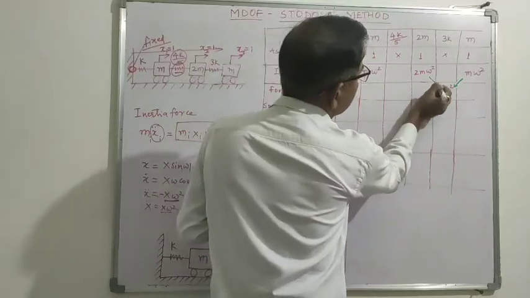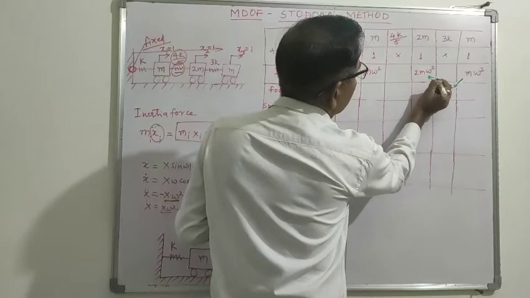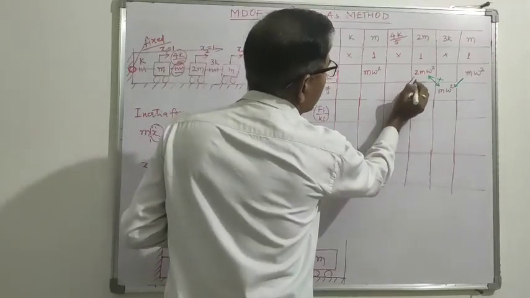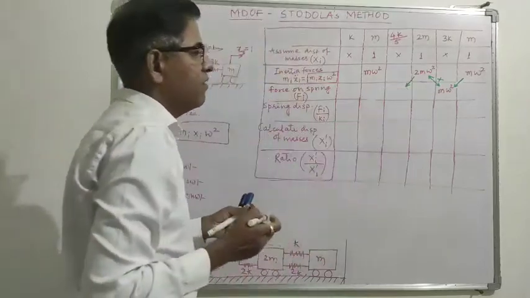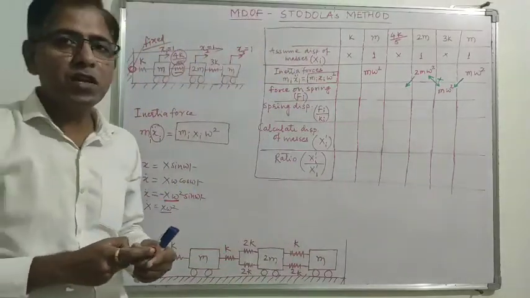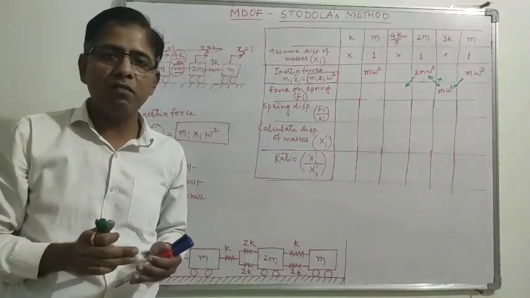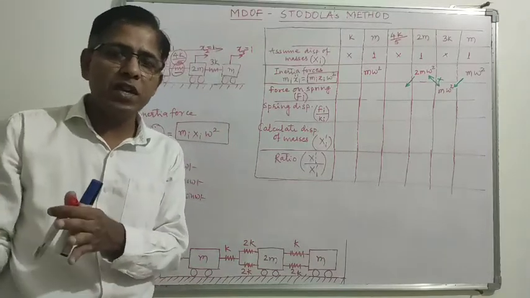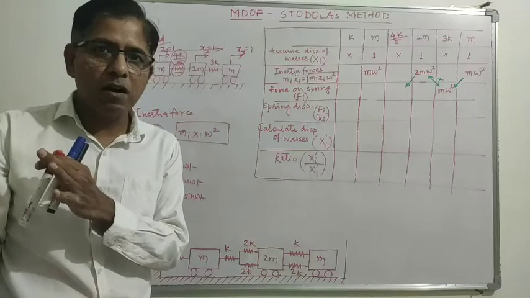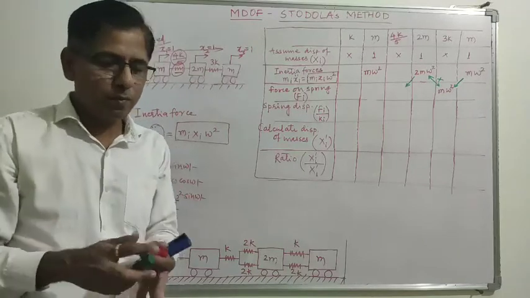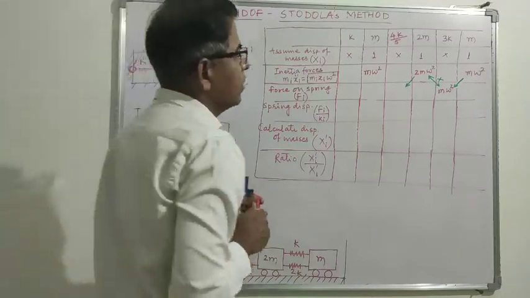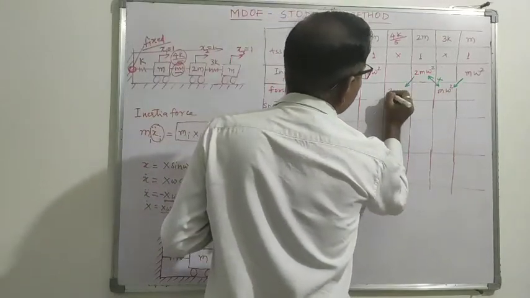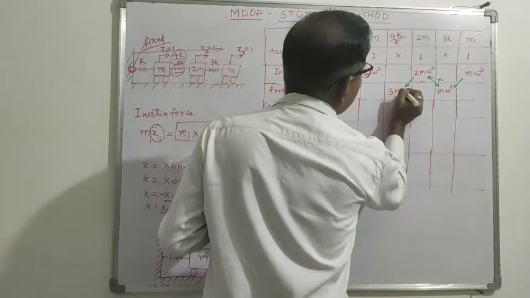We need to add these two values and write it below 4k/5, because the inertia force acting at the 4k/5 spring is the summation of the inertias acting at the third mass and the second mass. So write down: 2m omega square plus m omega square becomes 3m omega square.